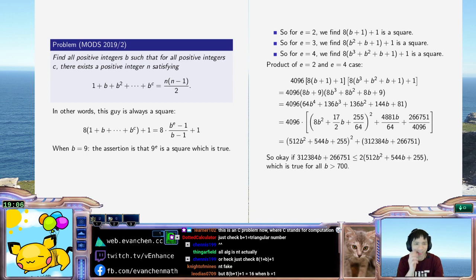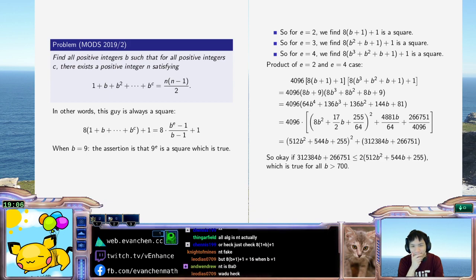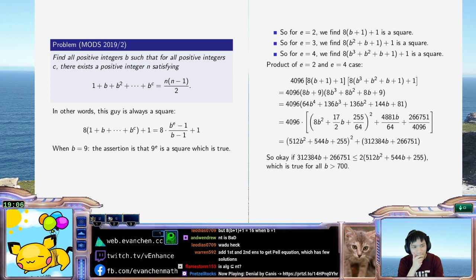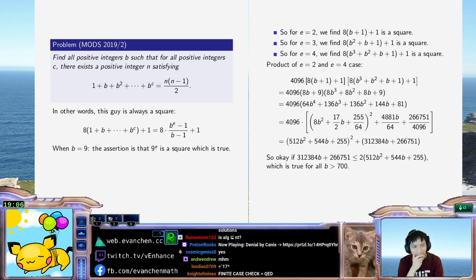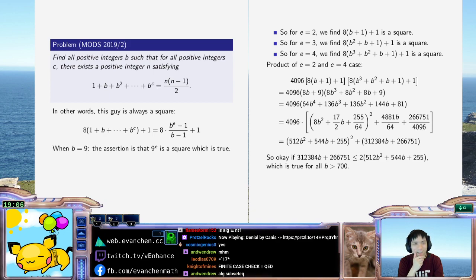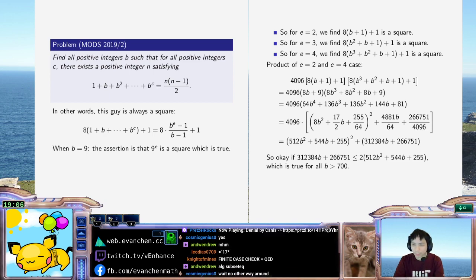That's... Oh shoot, there's a lot of those. Okay, do I want to do something with 8b squared plus b plus 1? Well, we'll force it with the Pell equation. How about that?